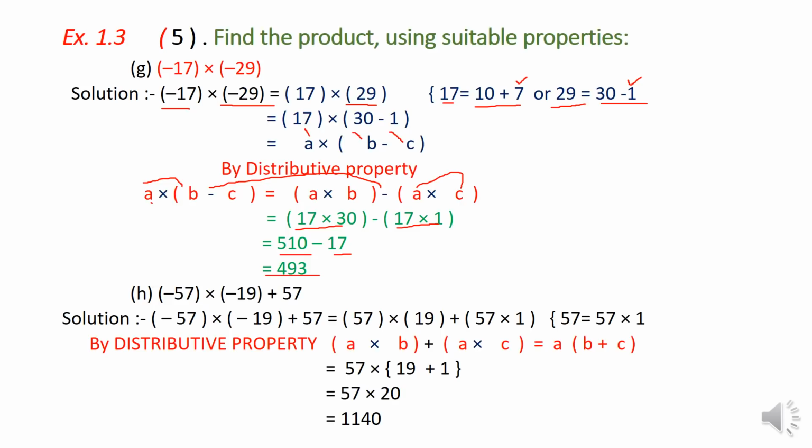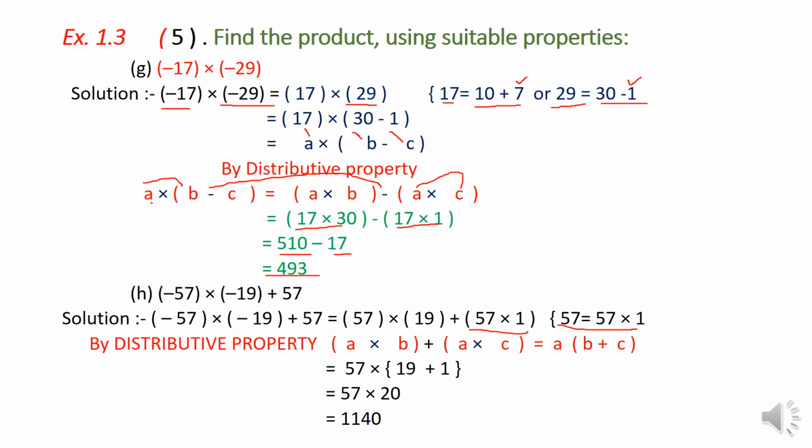Now, let us consider its next option H, minus 57 multiplied by minus 19 plus 57. At first sight it seems that this is not any property, but if you closely see it, this 57 you can write as 57 multiplied by 1, because 57 multiplied by 1 also becomes only 57.